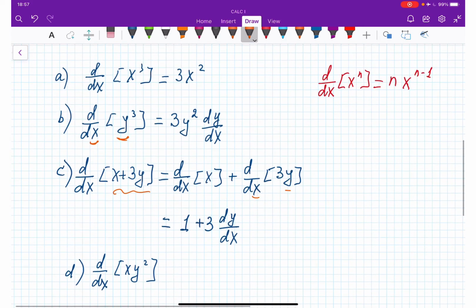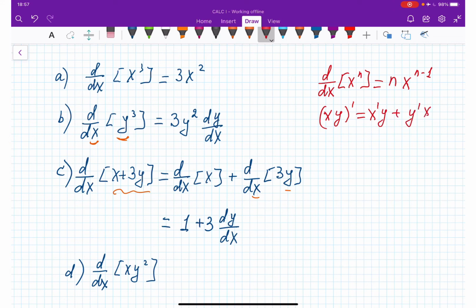Let me remind you of the rule of multiplication. If we have the derivative of x y, it's going to be equal to x prime y plus y prime x. Yes? Okay. So, let's do it.